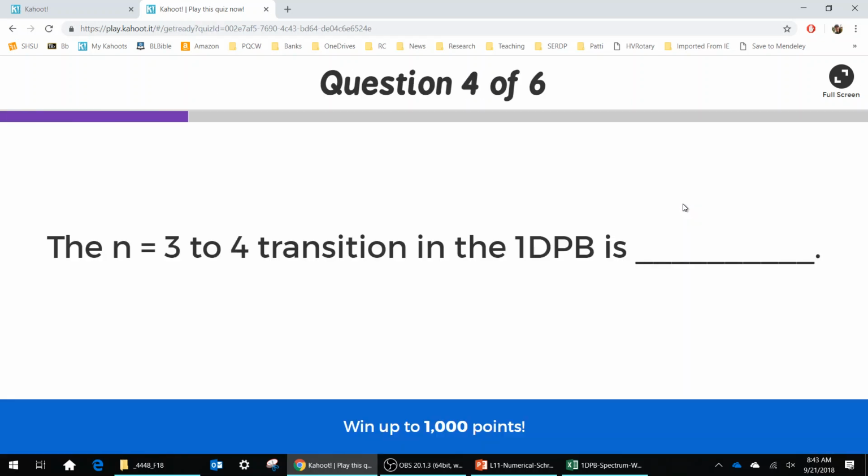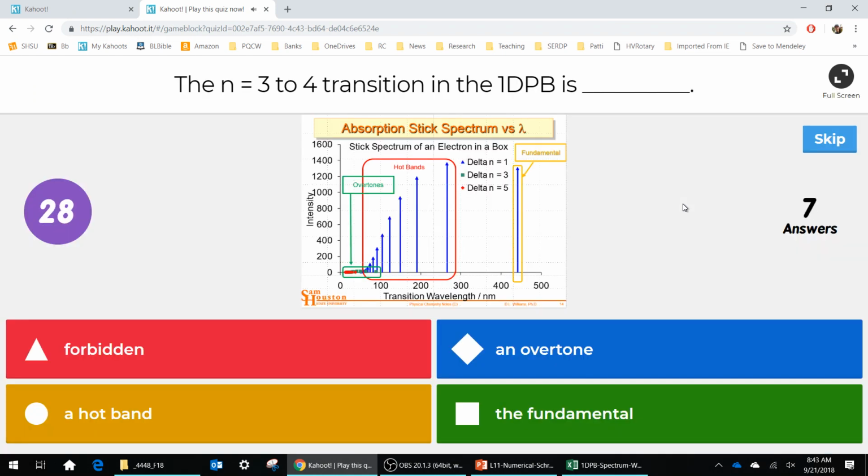The n equals 3 to 4 transition in the 1D particle in a box. 3 to 4. Forbidden, an overtone, a hot band, or a fundamental?